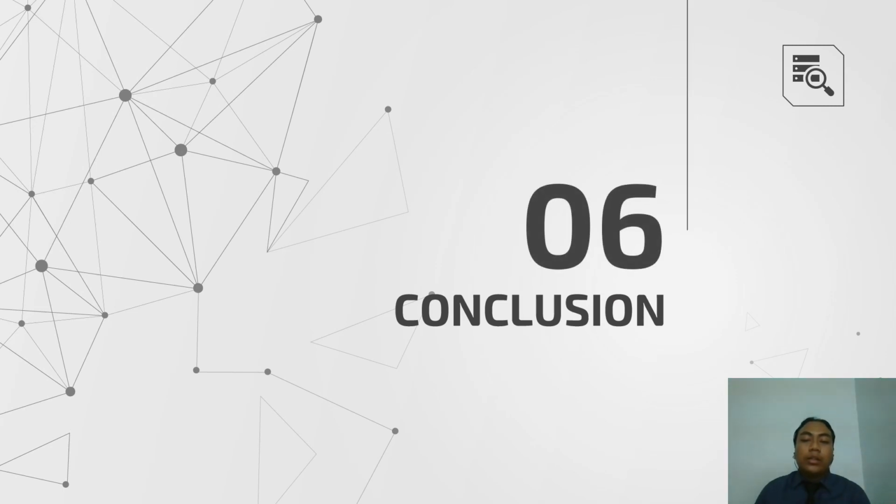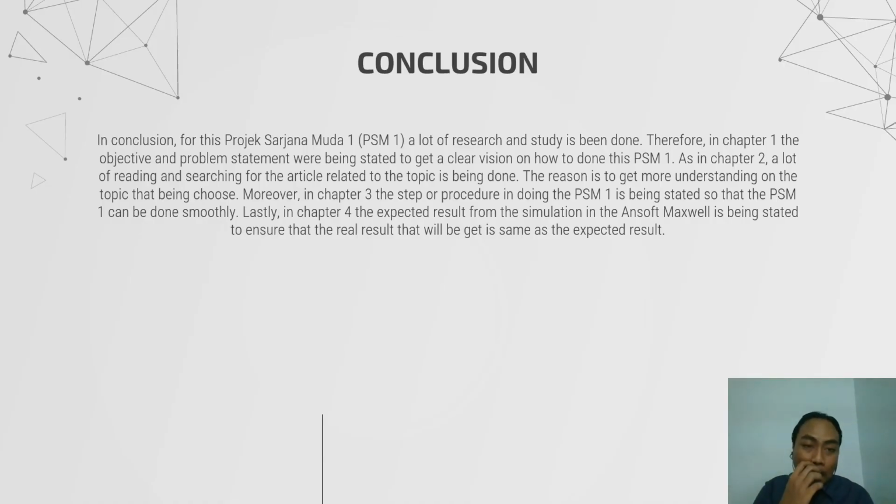And lastly, the conclusion. As for the conclusion, for this project Sarjana Modul 1, that is PSM1, a lot of research and study has been done. Therefore, in chapter 1, the objective and problem statement are stated to get a clear vision of how to do this project. In chapter 2, a lot of reading and research of articles on the topic has been done, to get more understanding of the topic that we chose.